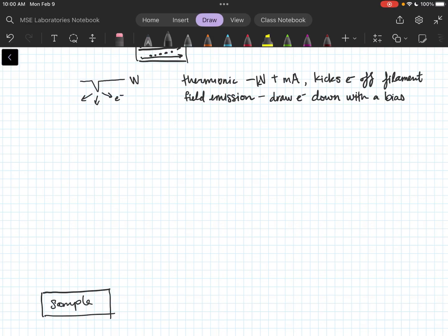I want to end up with a really nice straight beam of electrons, nice and parallel and focused on the surface of the sample.